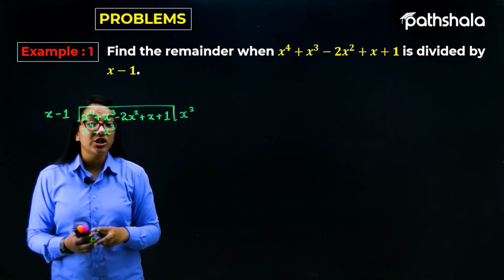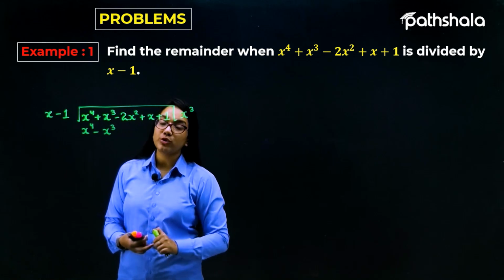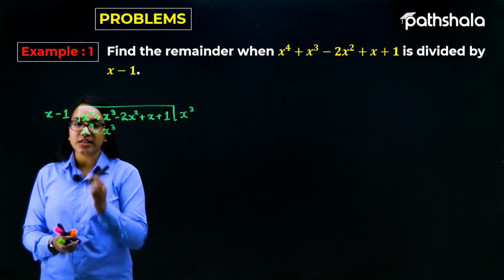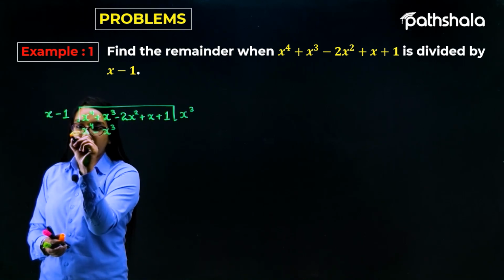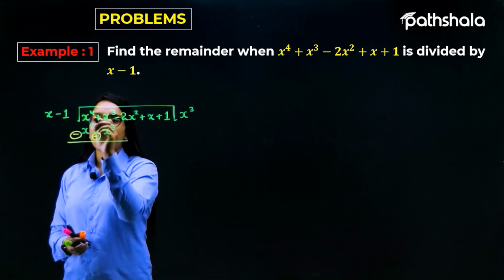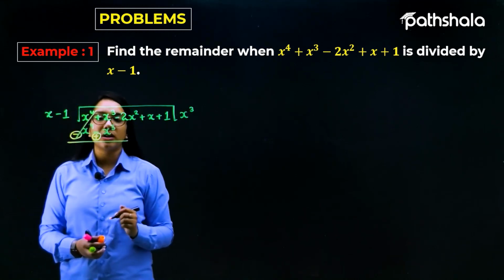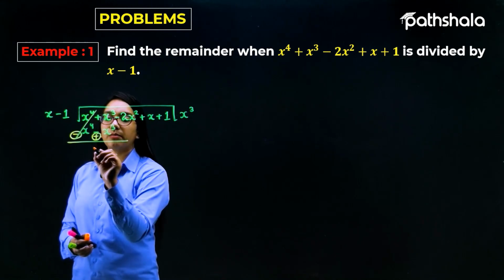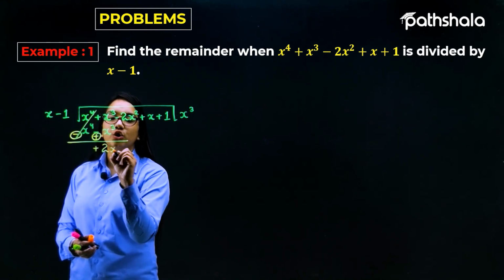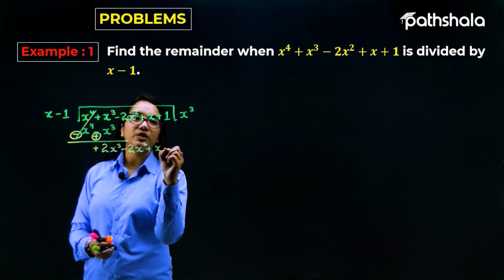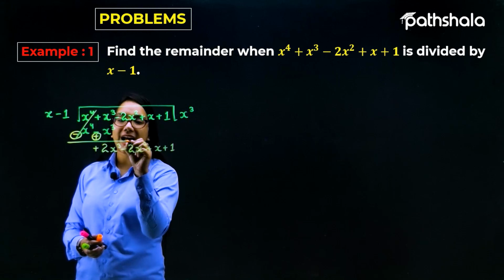We change the signs because we have to subtract, so the x to the power 4 terms cancel with each other. We have plus x cube and plus x cube, which is plus 2x cube, minus 2x square plus x plus 1. We take all the other terms as they are.